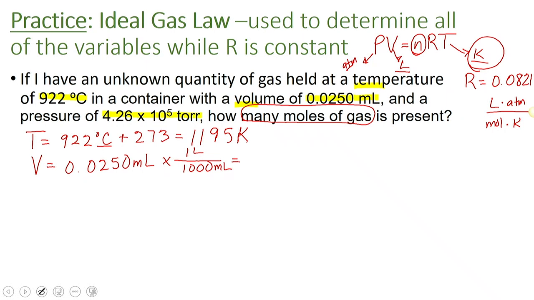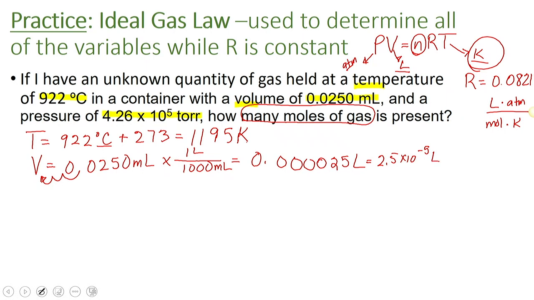So essentially, this is a very small amount. We can just take our decimal and move it 1, 2, 3 places. So the volume will end up being 0.00025 liters, which is 2.5 times 10 to the minus 5 liters.